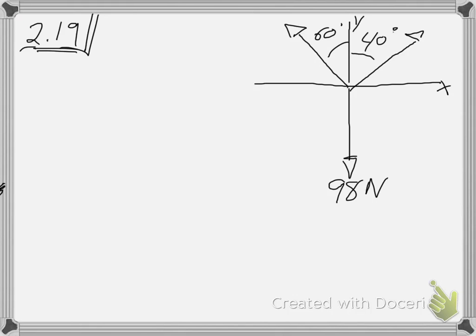The object weighs 98 newtons, that's the vertical downward arrow, and it's being held by two strings or two cables, and we're meant to find the tension in each cable. So one of the things to realize here is that cable T and cable S can be broken down into their X and Y components, how much force they're exerting in the horizontal direction, how much force they're exerting in the vertical direction.